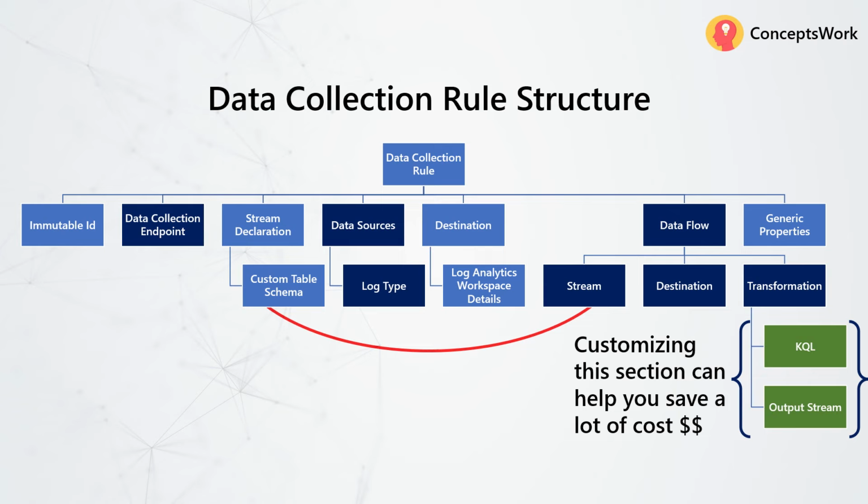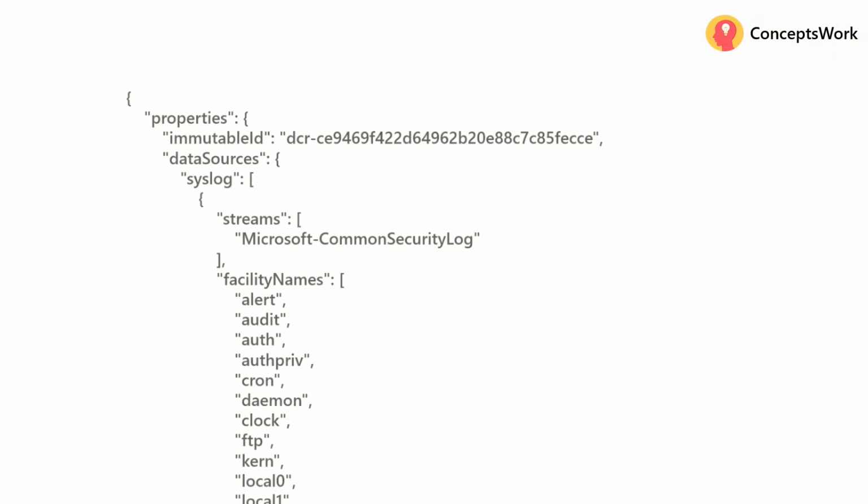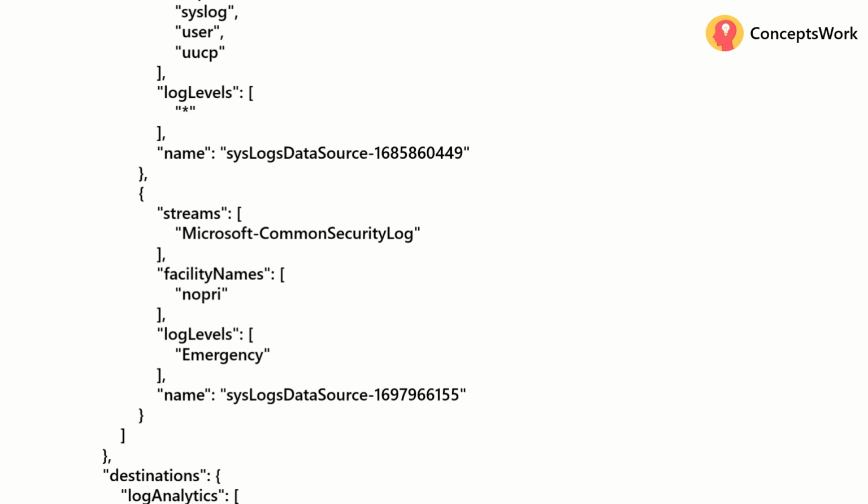Okay, so a quick recap in terms of understanding how we can save a lot of data ingestion cost. This was a DCR which I have customized in my instance to make sure that the common security log drops certain columns for each and every event. So this was the default section which was showing data sources and everything, and then you have the destination where exactly the data has to be ingested.